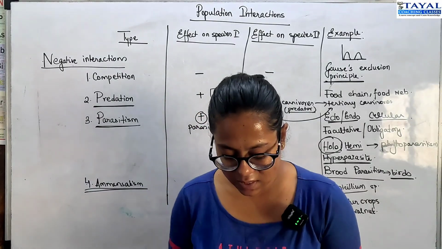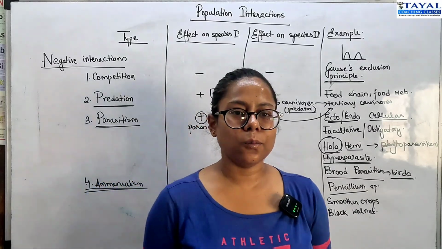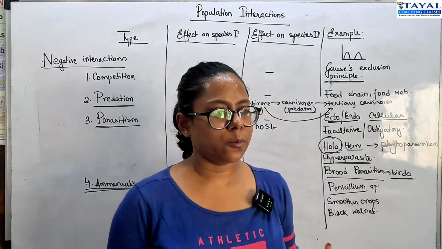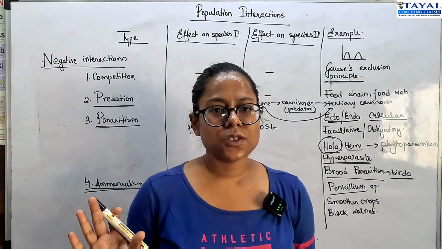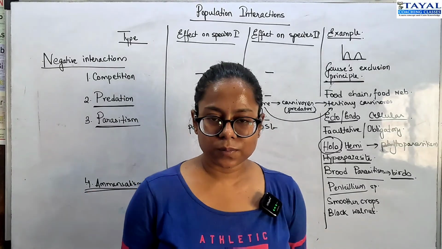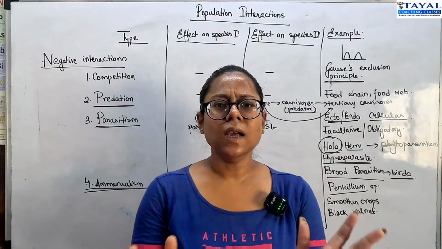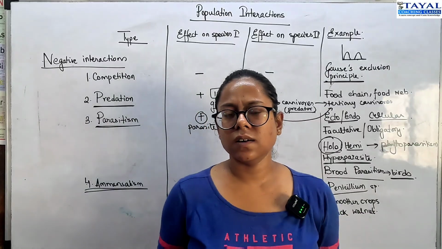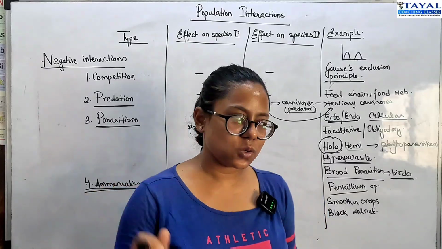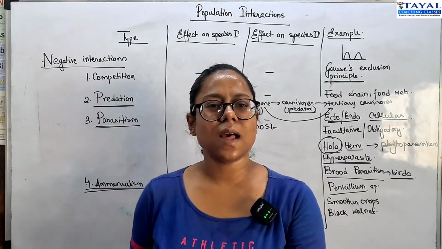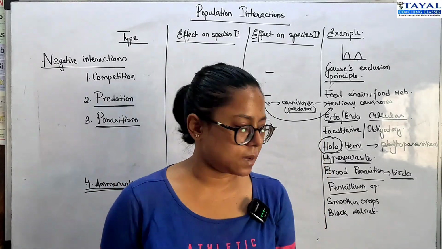For example, when penicillin was discovered, it was noticed that wherever Penicillium notatum, the fungus, was growing, Streptococcus, the bacteria, couldn't grow. So whatever Penicillium was liberating or secreting prevented the growth of bacteria. So that becomes an amensalism concept, right?